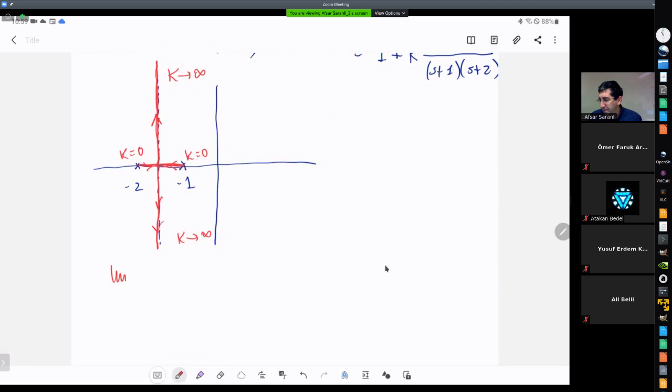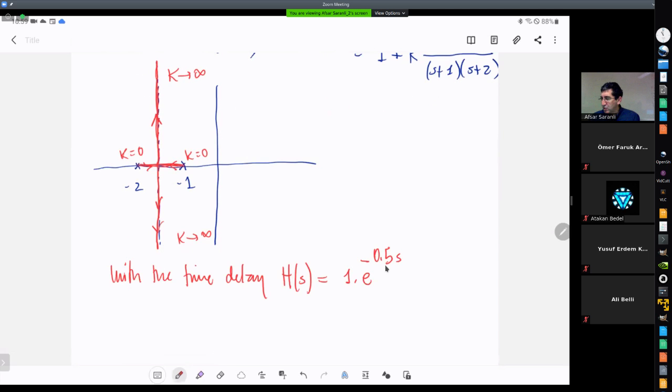Now with the time delay, we have on the feedback path H of s equal to e to the power minus 0.5 s. Okay, so on the feedback path we no longer have a unit gain, but we have this communication delay.